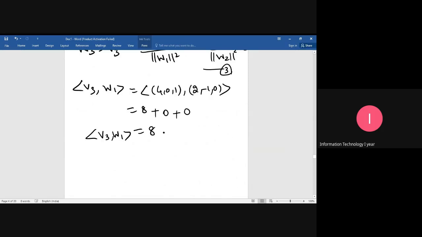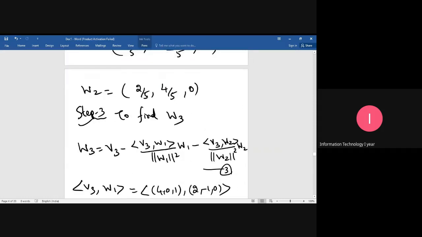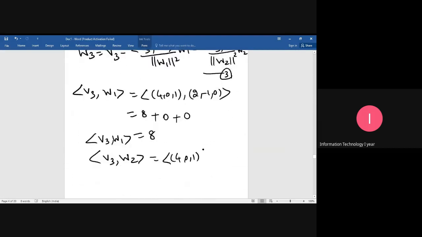Then what are the remaining values? Inner product of V3 comma W2 we need. Substitute V3, 4 comma 0 comma 1. Then W2 is 2 by 5, 4 by 5, 0, right?